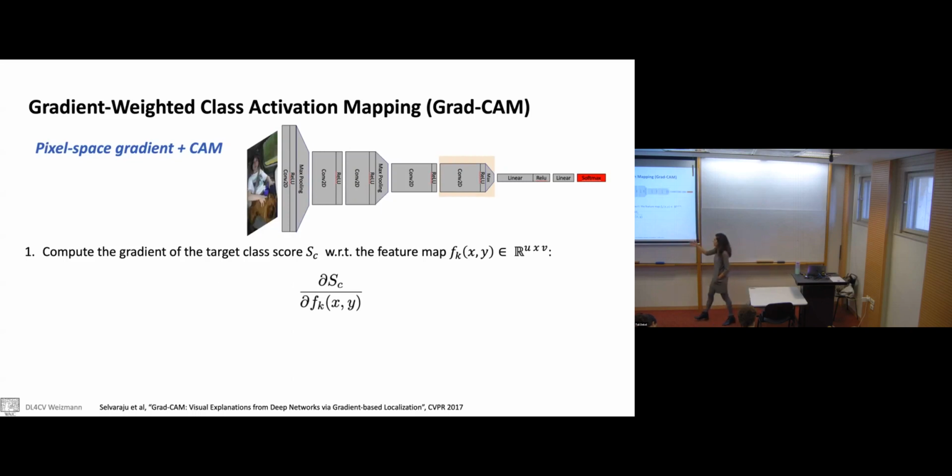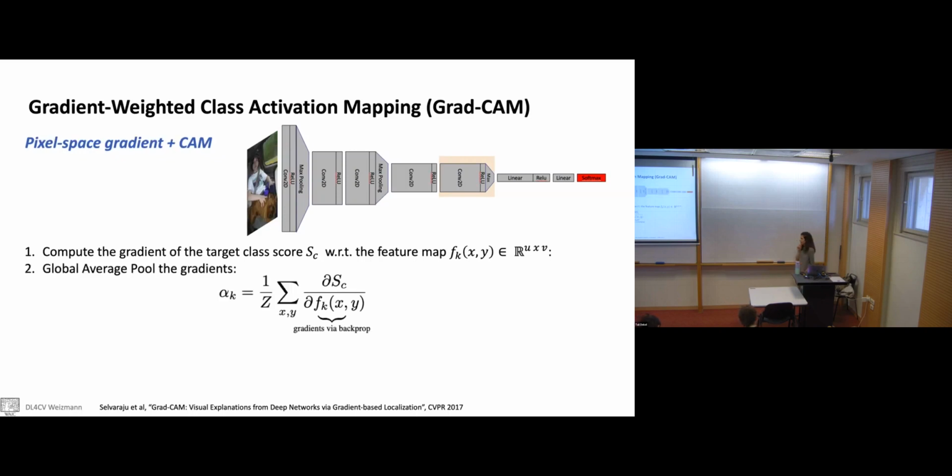Specifically, we're going to look at the last conv layer. And again, this can be computed using backpropagation. Yes. So this is only at the very end of the network. It's a design choice. It doesn't have to be.